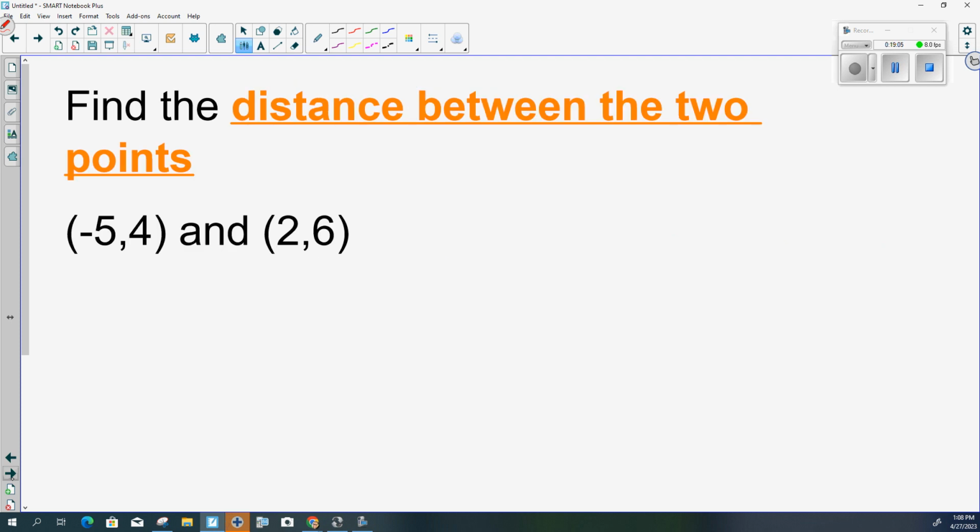We are now on the distance formula. So this is the first box on your paper. You can draw this picture if you want. You don't have to.